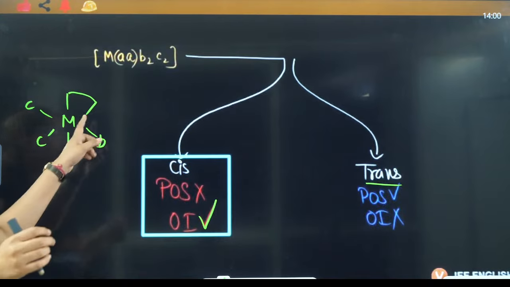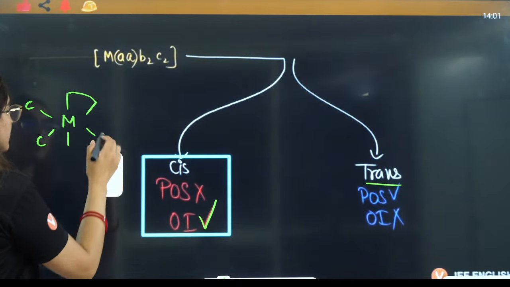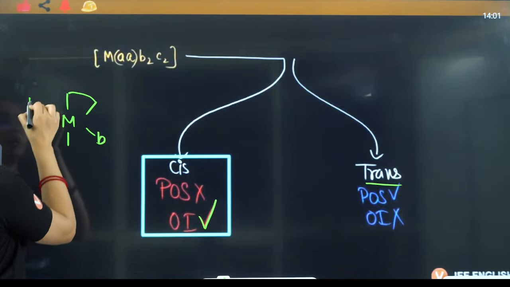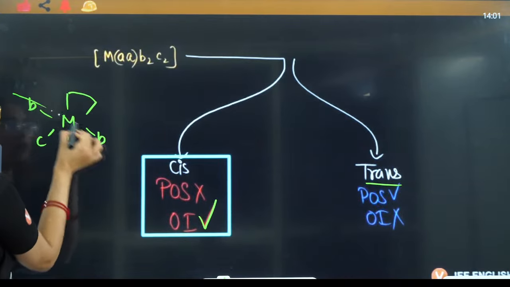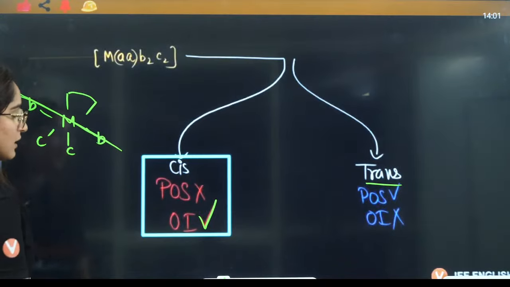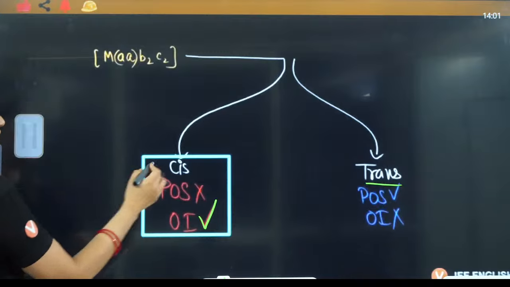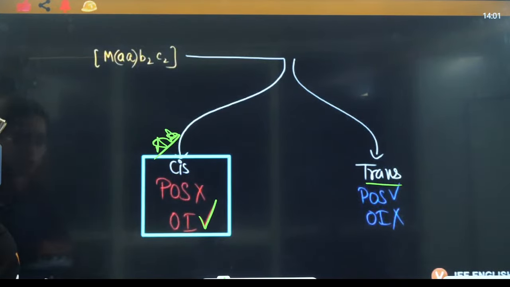This will always show optical isomer. That means POS will never be present. But in this case, when you have B and B opposite, C and C, there is this POS that is present here, right? So that is the reason cis will show optical isomer here, right? That is also important.